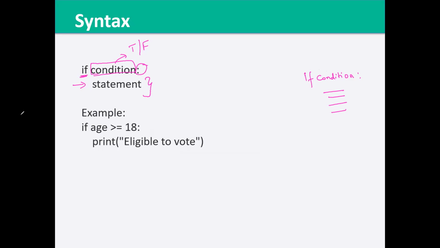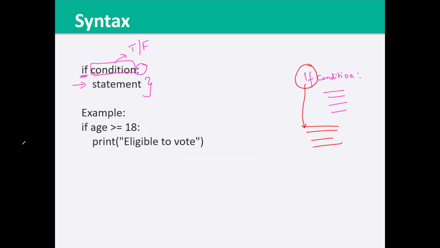For example, if I have these four lines starting over here without any indentation, it means they do not belong to this particular if condition. They are out of the block. The statements outside the block will be executed regardless of whether the condition of the if statement is satisfied or not.